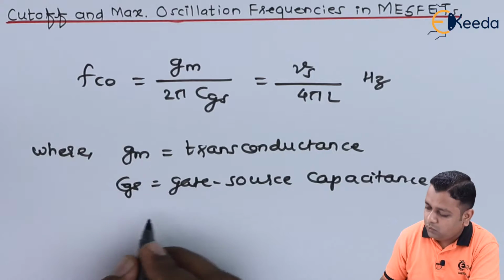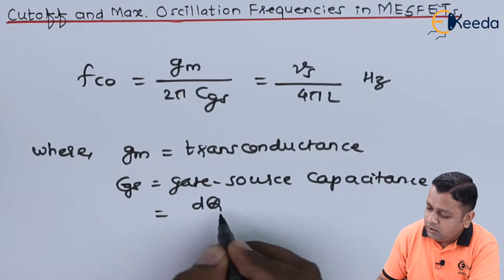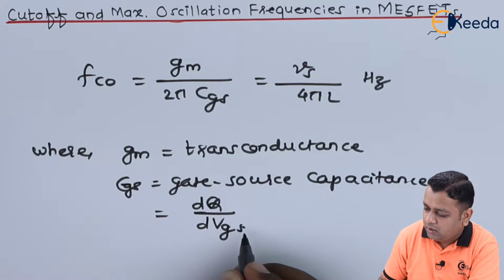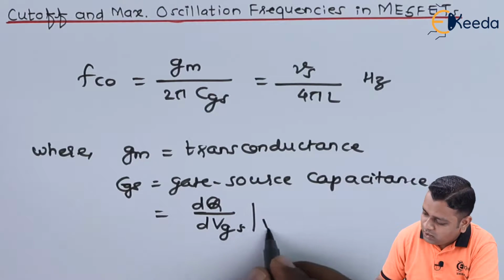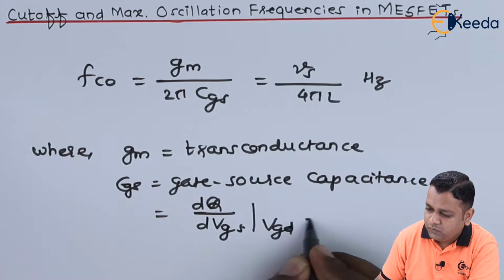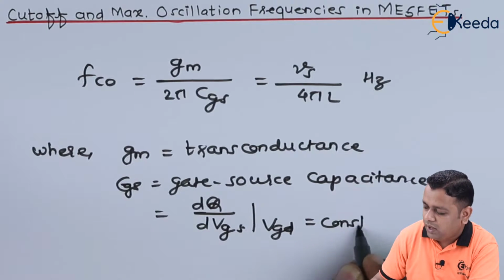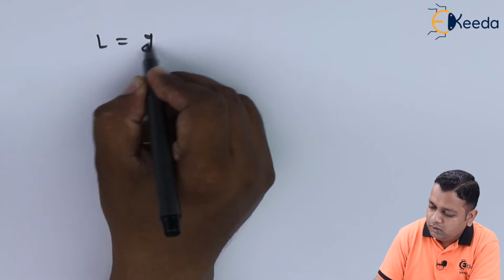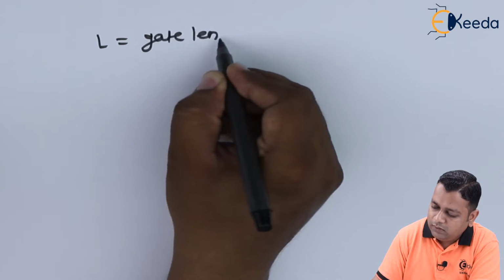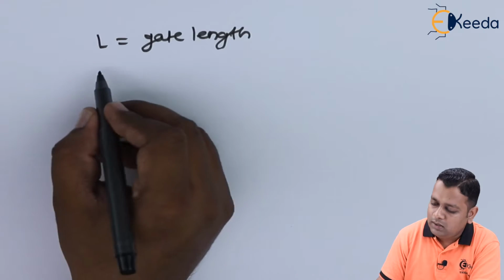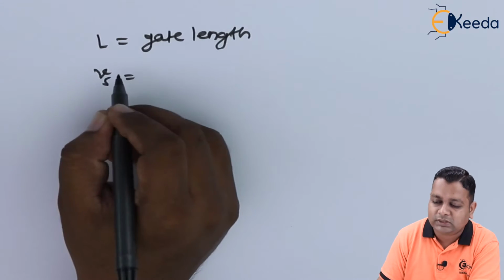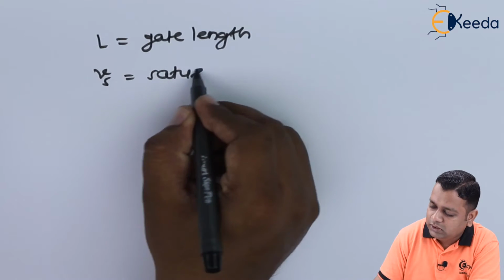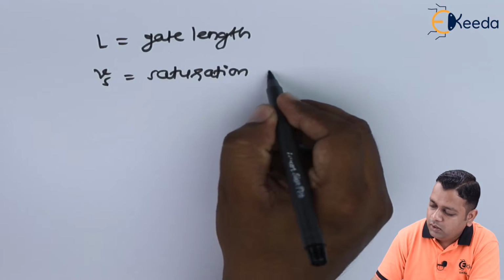This capacitance can also be expressed in terms of the differential of the charge with respect to the differential of the applied potential V_GS, provided the drain voltage is equal to a constant value. The capital L is the gate length, and V_s is the saturation level of the drift velocity. I only mention saturation drift velocity.